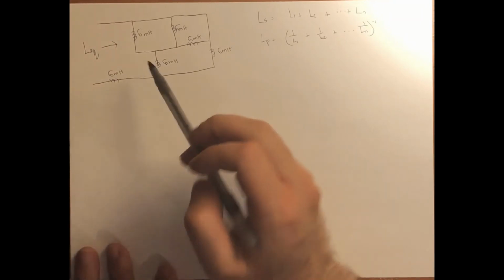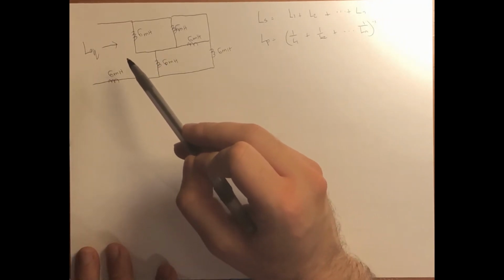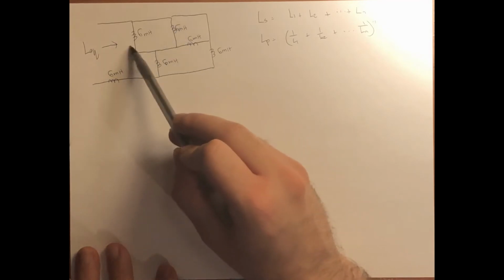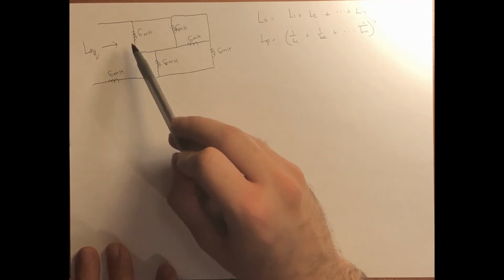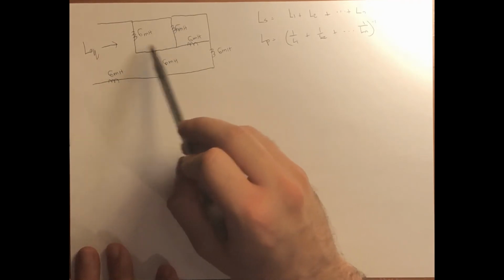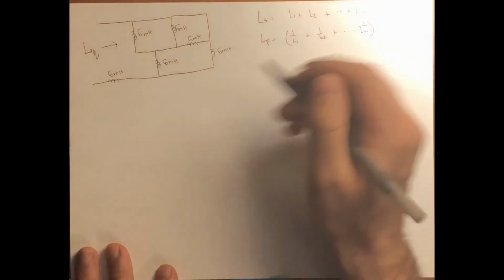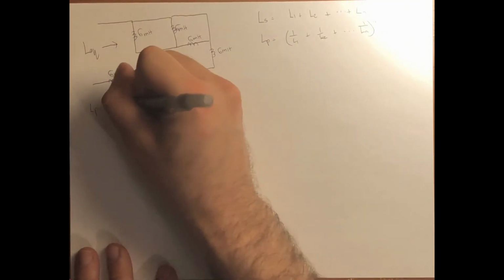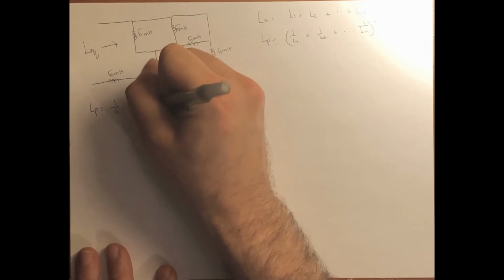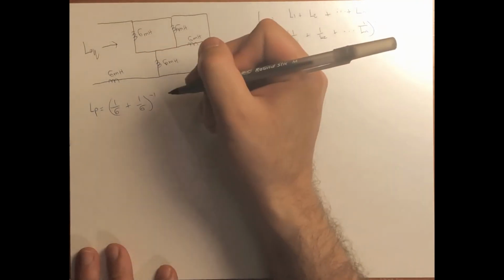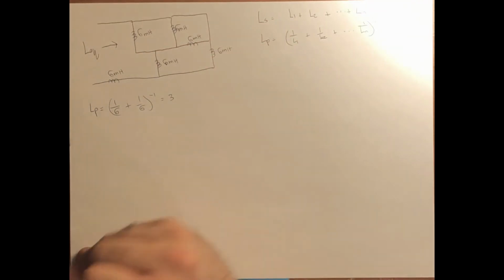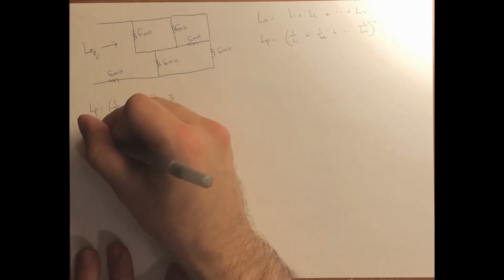Looking at this inductive network, we're able to find the equivalent inductance. To do that, let's look at these two inductors. They are in parallel, so we can use the parallel formula. Lp is equal to 1 over 6 plus 1 over 6, inversed. That gives us 3. So we can redraw the circuit.